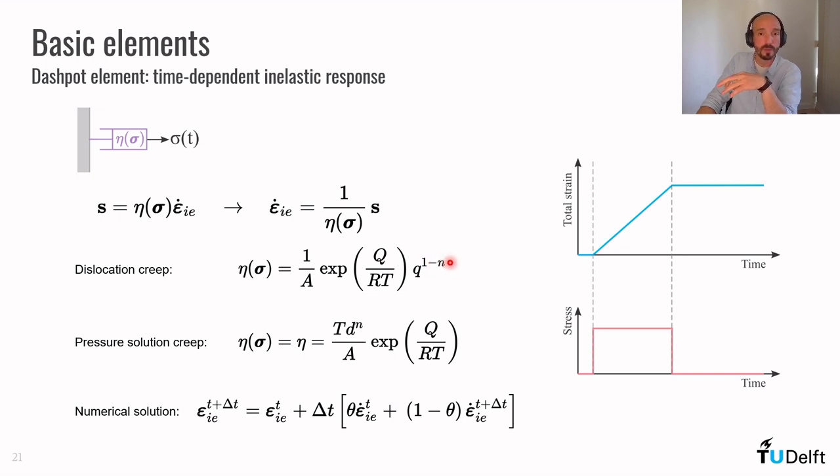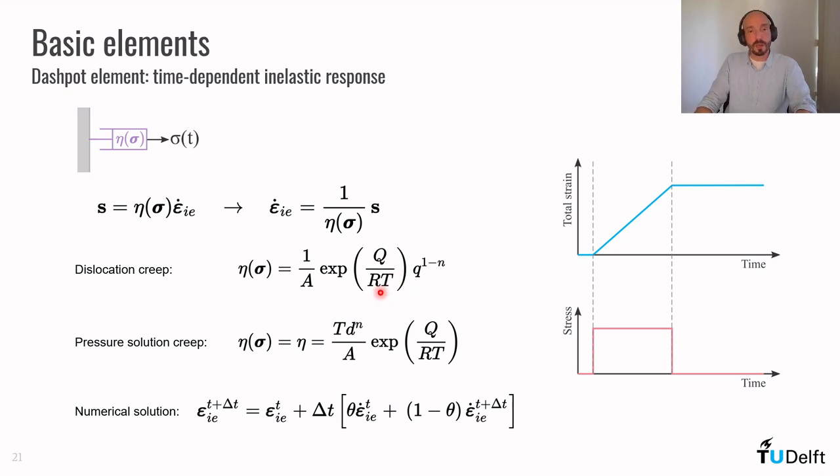So we have material parameters A and n that we have to choose to match the results of the model with the laboratory experiments. It also depends on temperature.